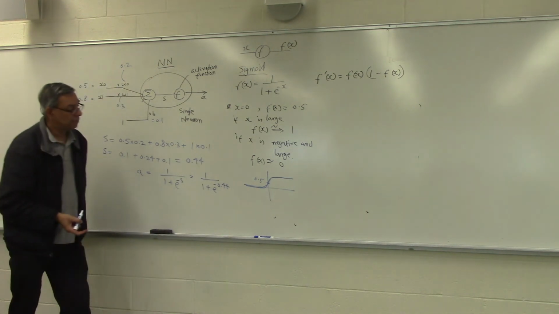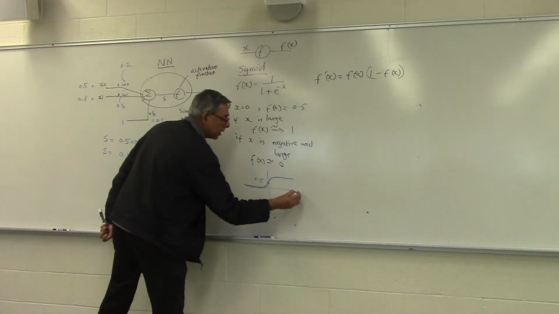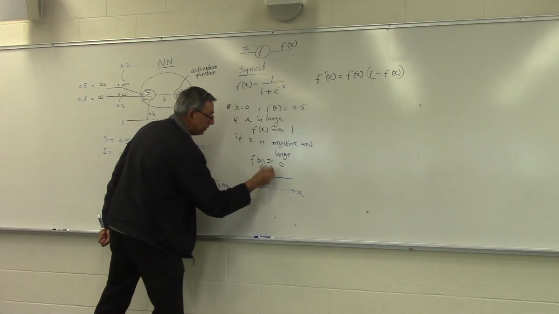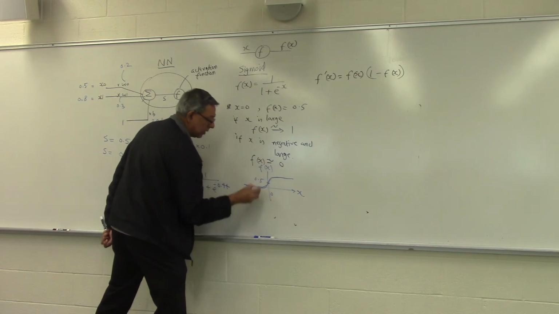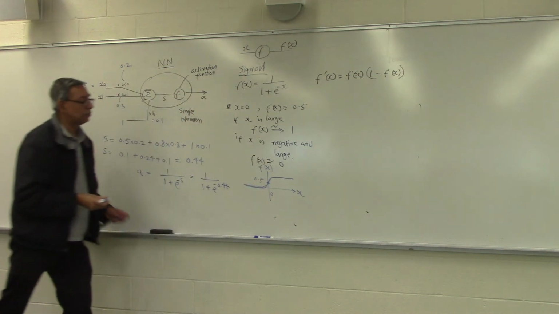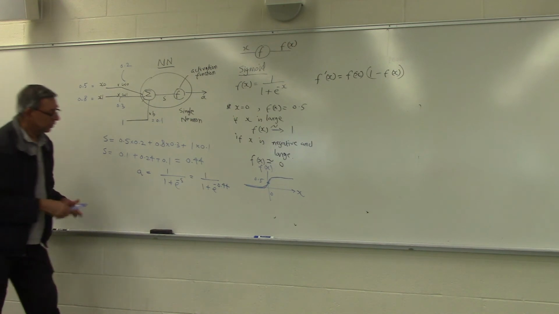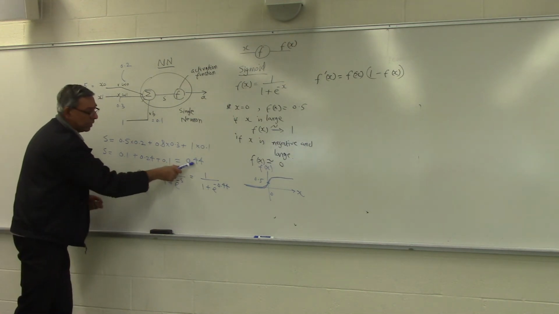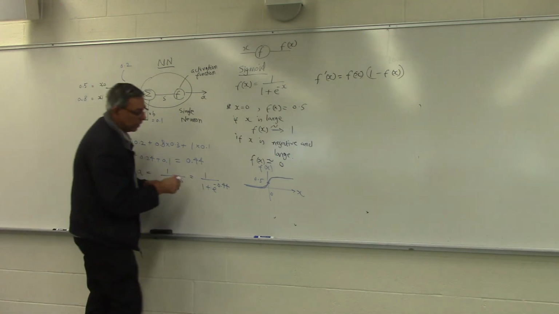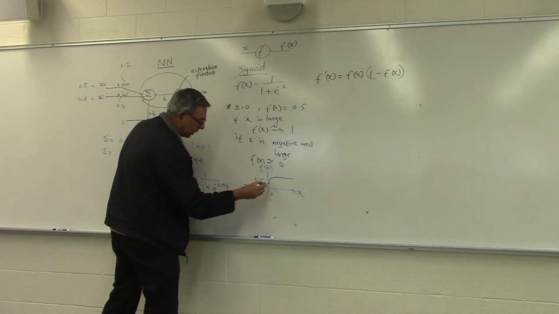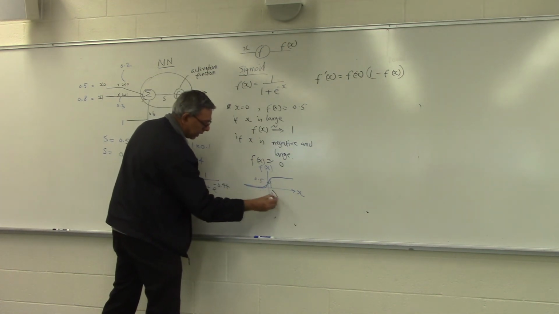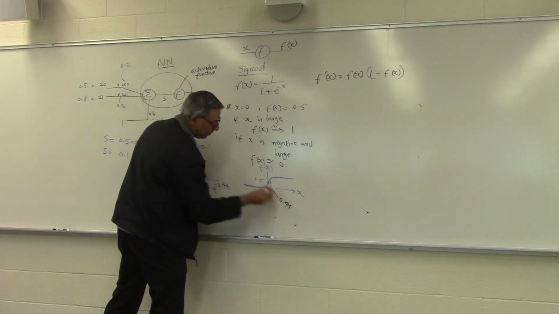So this is x, f(x). If x is 0, the output is 0.5. In our case, what was the input over here? It was 0.44. So can you guess what the output will be?